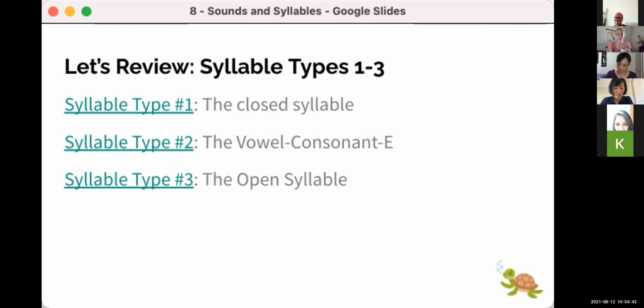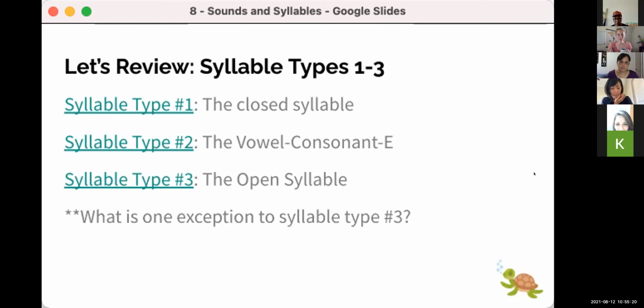We hear the schwa sound when the letter A is at the beginning or end of the word, or the letter I in the middle of the word. That schwa is a really common sound in English. We hear it all the time, all over the place, but it's especially noticeable in this open syllable. And there's the question that we're answering. That's the exception to type 3.